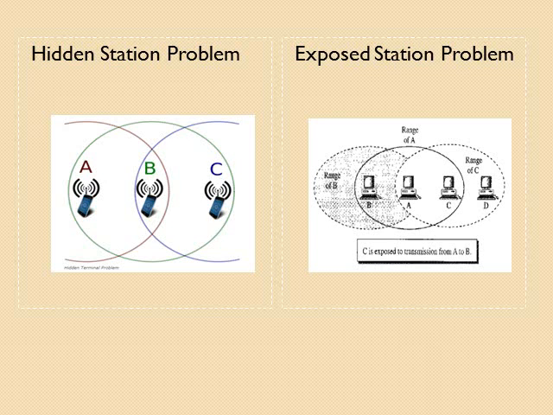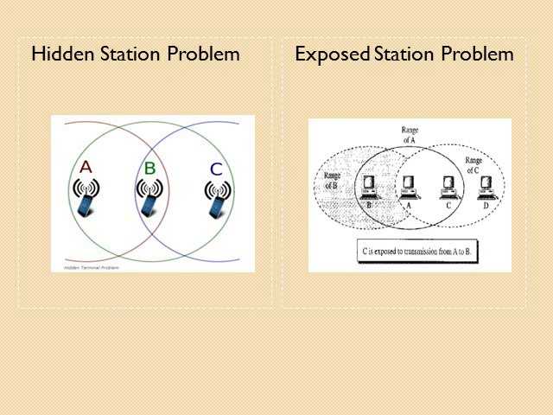The other one, the exposed station problem, is something like illustrated in this diagram. Now data transmission can be done between A and B, as well as B and C, without any problem. But the problem occurs now.